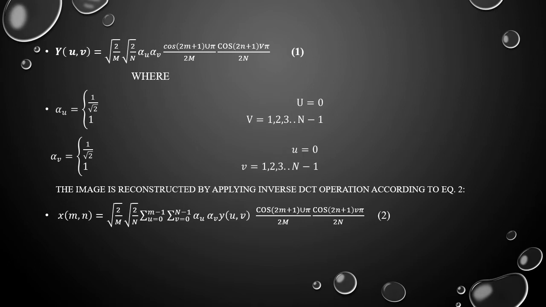X of mn is equal to root of 2 by m, root of 2 by n, summation of u equal to 0 to m minus 1, summation of v equal to 0 to n minus 1, alpha u into alpha v into y of uv into cosine of (2m plus 1) u pi by 2m into cosine of (2n plus 1) v pi by 2n.